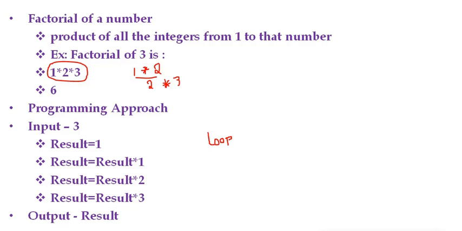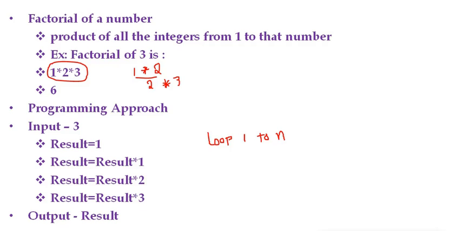Within the loop you can write a single expression, but this expression can be executed n times. If your factorial number is 5, these multiplications happen 5 times. If it is n times, that means the loop has to be iterated from 1 to n. So this is the loop condition, right?